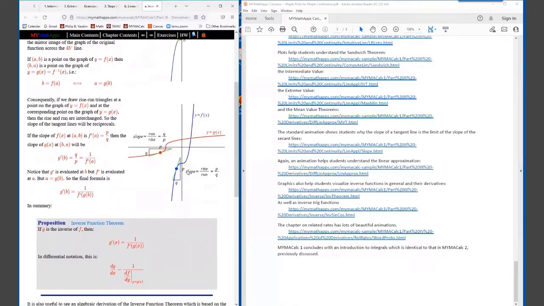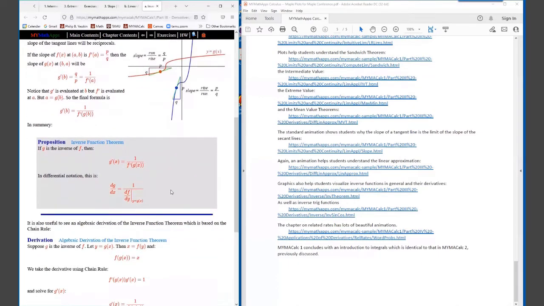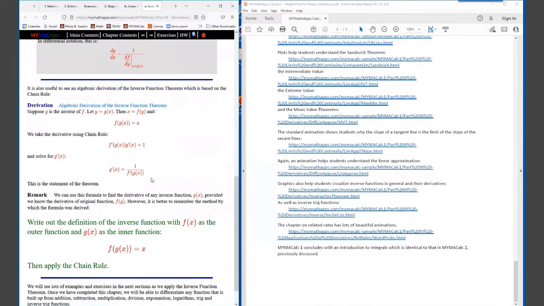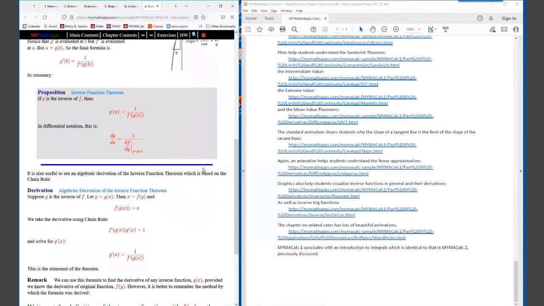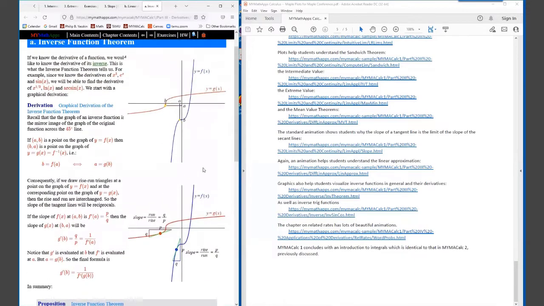Then by drawing rise, run, slopes, they can see that the slope of the inverse function is the reciprocal of the slope of the original function, which leads to the inverse function theorem, which is also re-derived using the algebraic technique. But the geometrical pictures help many students be able to visualize the theorem.